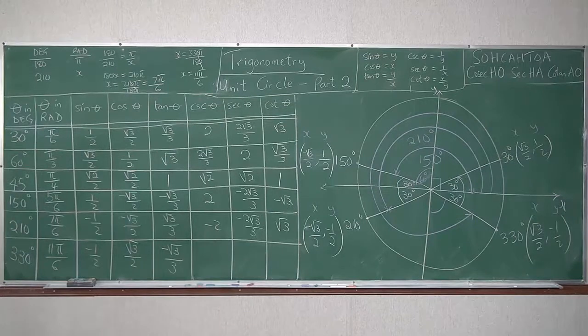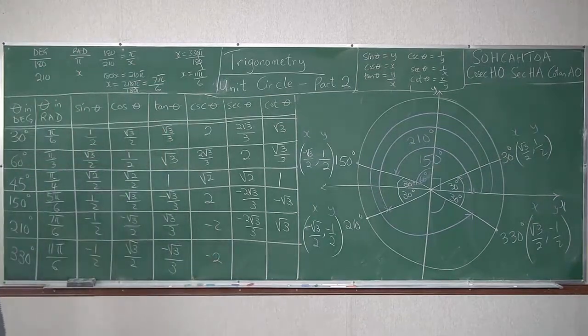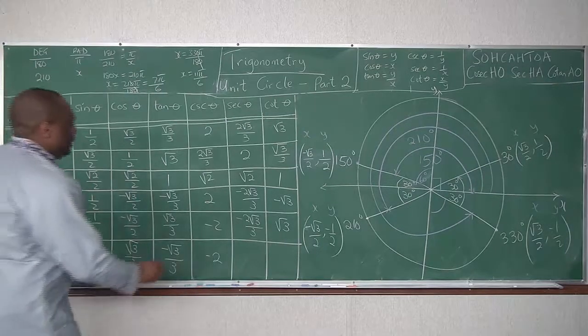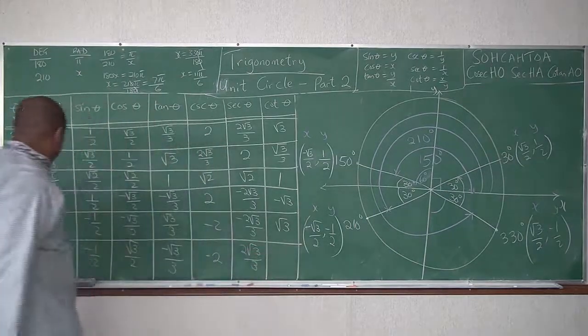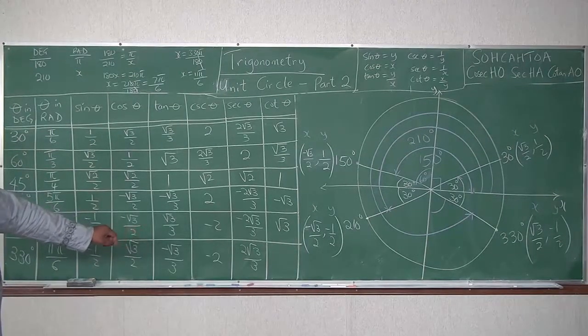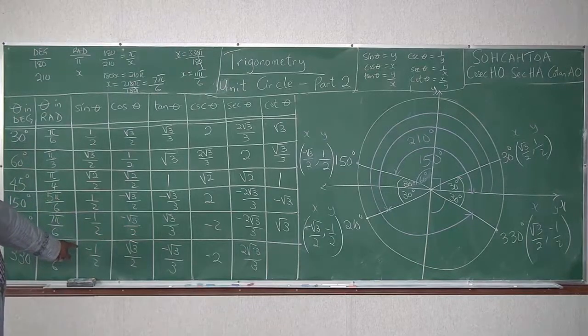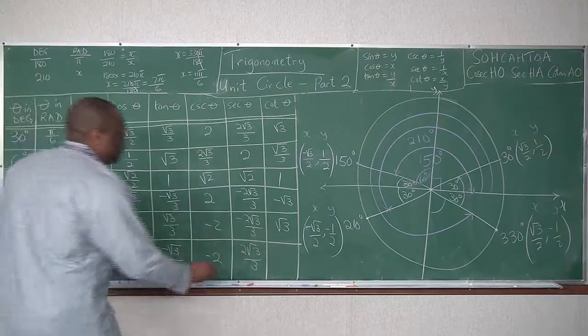Y is negative, so this is going to be negative 2. Sec theta is 1 over x. X is positive, so this will just be 2 root 3 over 3. Cotangent theta is also a negative, because one of these is negative. This will be negative root 3.